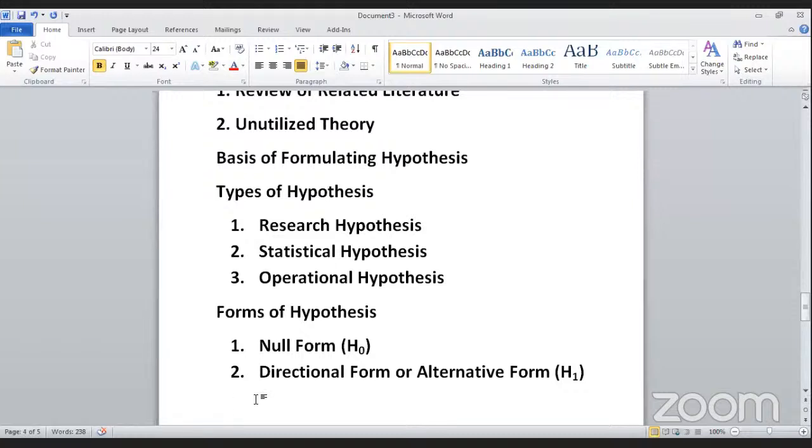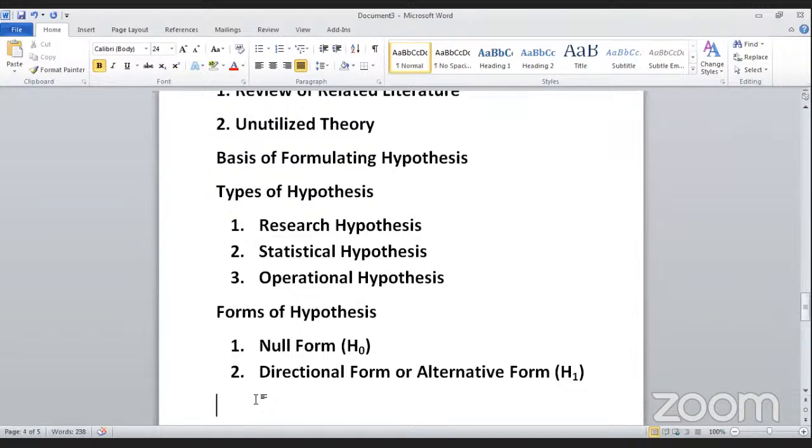I hope you have understood. As far as the types of hypothesis is concerned, it is your choice. You can formulate any type of hypothesis. But when it comes to the forms of the hypothesis, you cannot formulate at your own. There must be a basis.